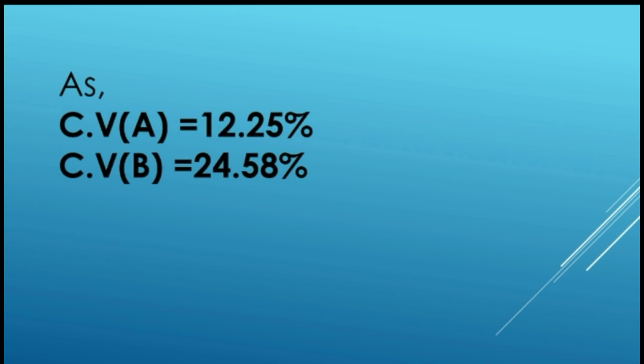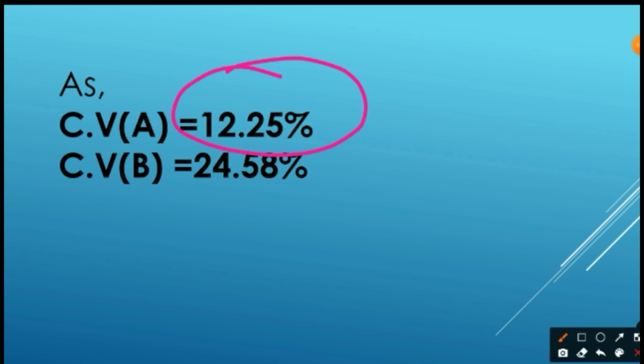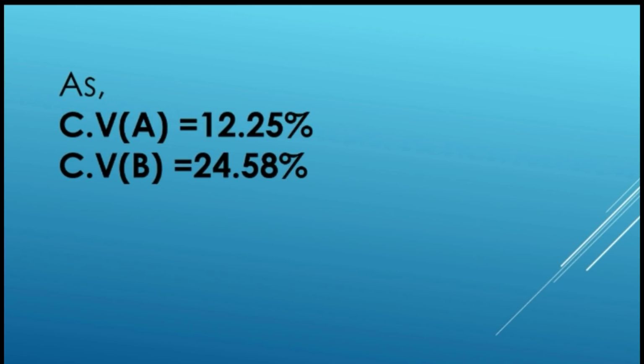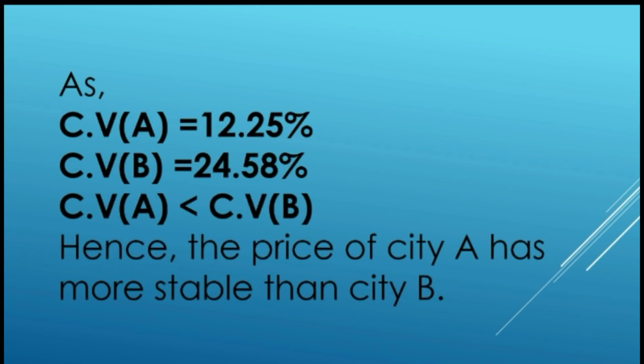How do we comment? The coefficient of variation in city A is 12.25%. The coefficient of variation in city B is 24.58. As you can see here, city A has the least coefficient of variation. It means the price of city A is more stable than city B.